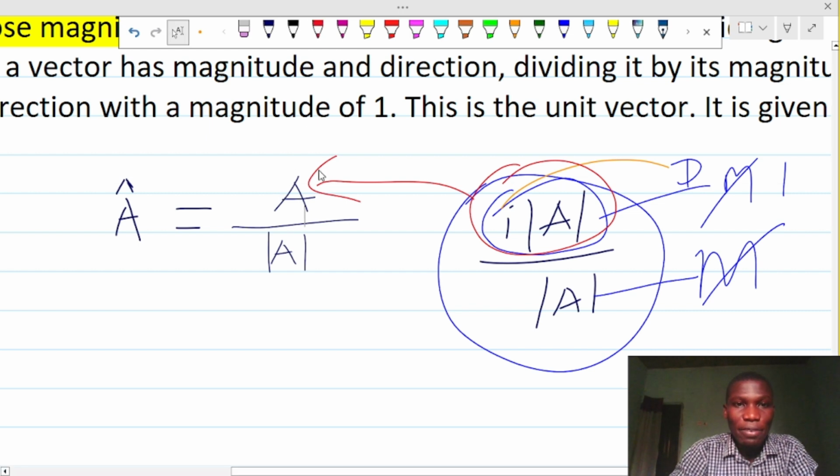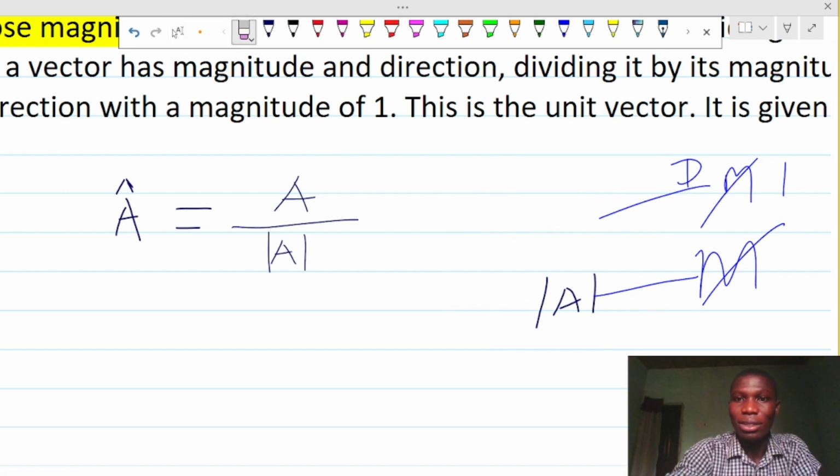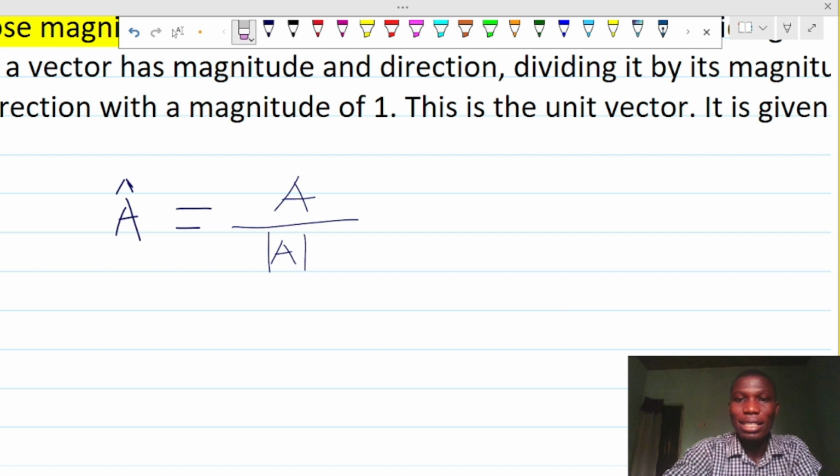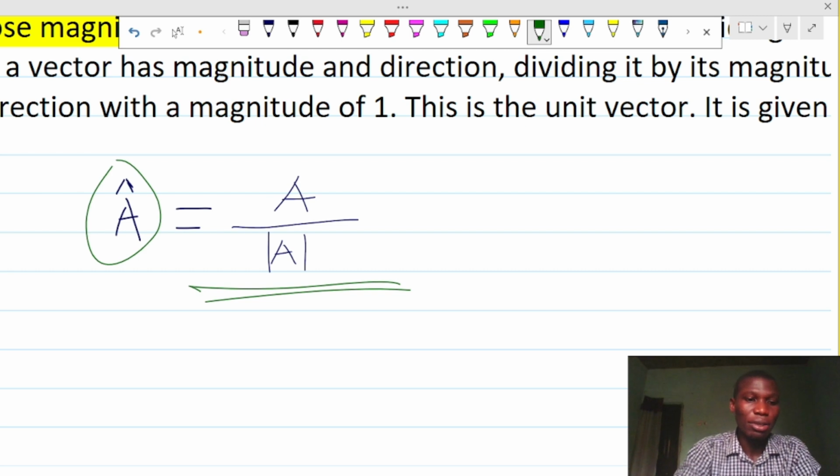So the vector which has magnitude and direction is divided by the magnitude, so that the magnitude will cancel out the magnitude, and what will be left is the direction with a magnitude of exactly 1. So with that, this is the formula for the unit vector, and this is the symbol used for the unit vector.